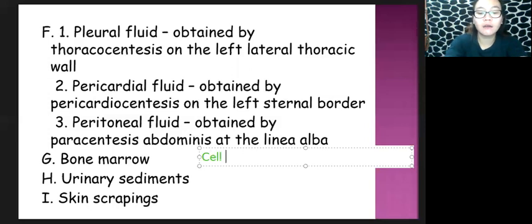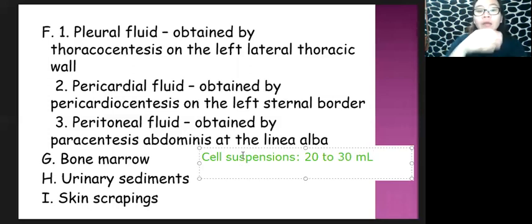Thus, they are referred to as cell suspensions. For cell suspensions, the required volume to be collected is 20 to 30 ml. This will increase the probability that you are really able to collect abnormal cells if they are present in your fluids. Again, for cell suspensions, the required amount is 20 to 30 ml.